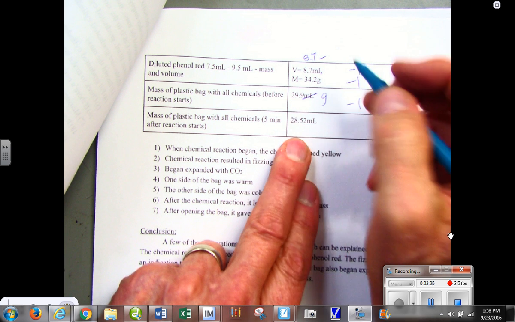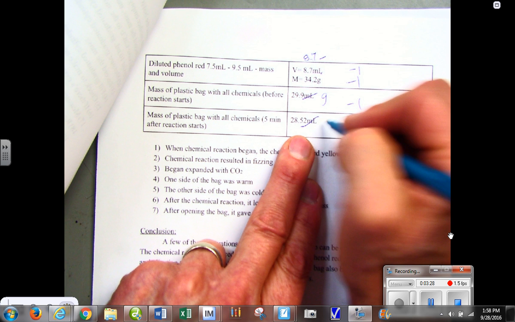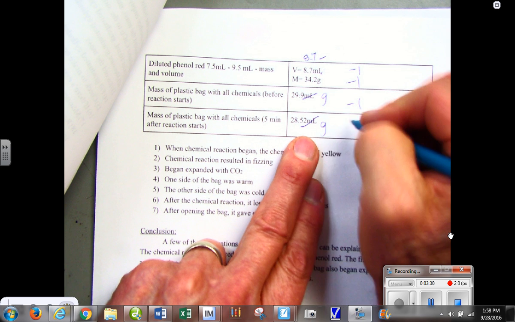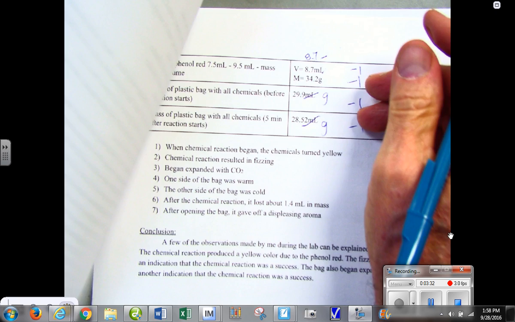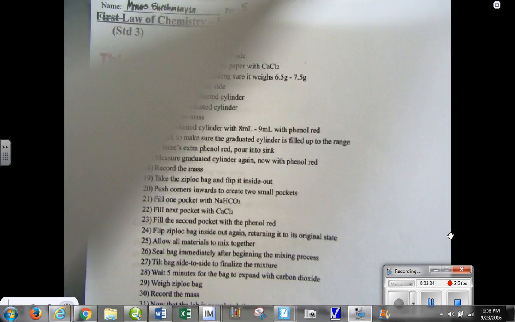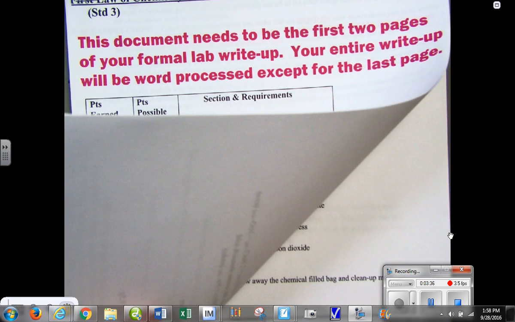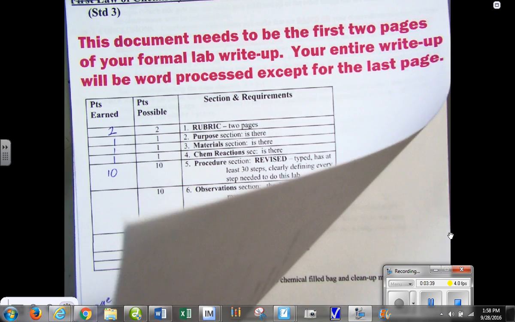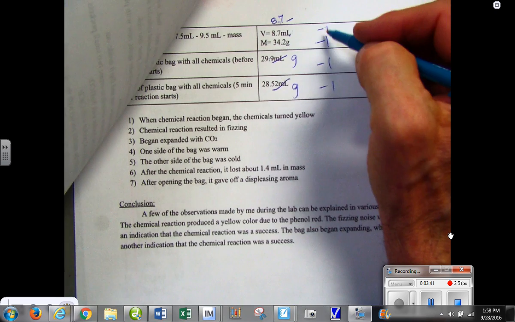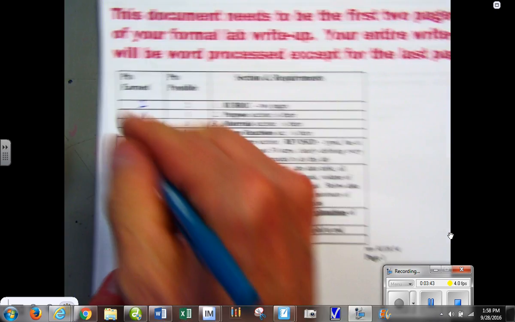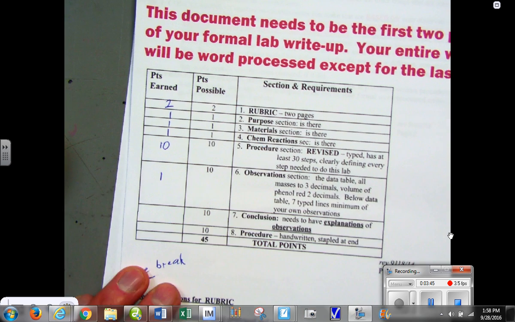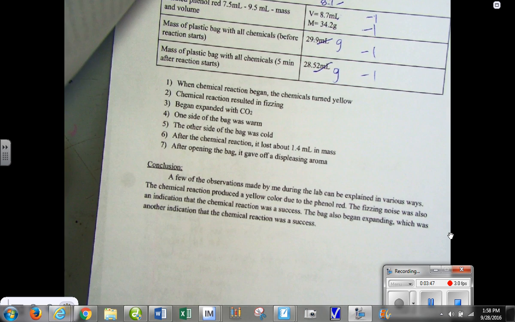Even if it was mils, it would be too short. Okay, this is grams. Okay, so we took some big losses here, just like your lab partner. 1, 2, 3, 4, 5, 6, 7, 8, 9. You end up with 1 on those observations.